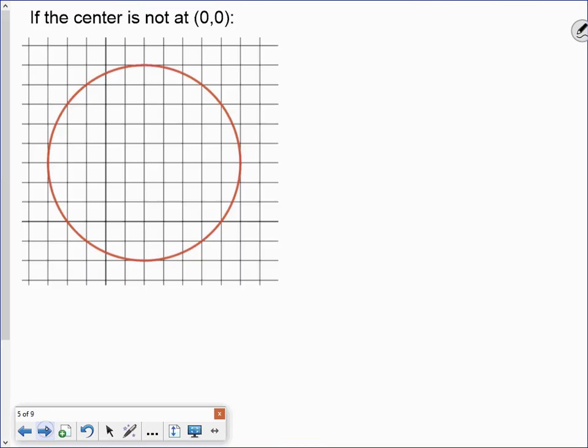Now, what if the center is not at (0, 0)? We can do the same kind of thing. I'm going to say that my center is right here. I don't know what this is, so I'm just going to make up some coordinates. We're going to call these h and k.